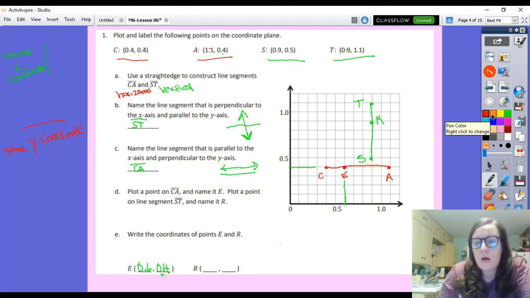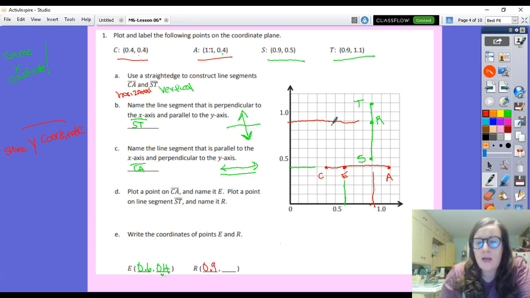Now let's do R. So I'm going to draw a line down, extending this one. It just makes it a little bit easier for me to read the coordinates when I can extend those lines down, especially on a computer screen. All right, so I'm going to travel over on my x axis to right here, which is 9/10.